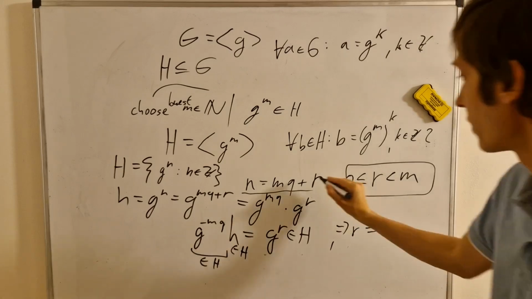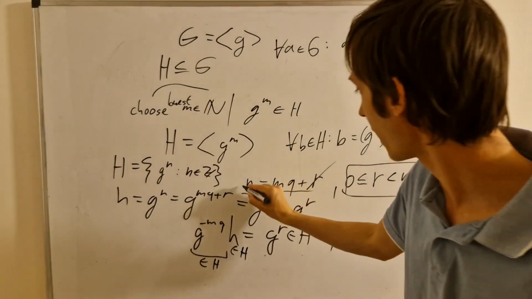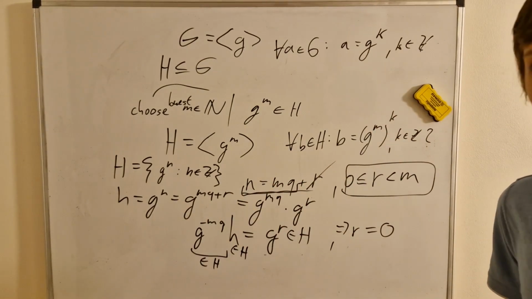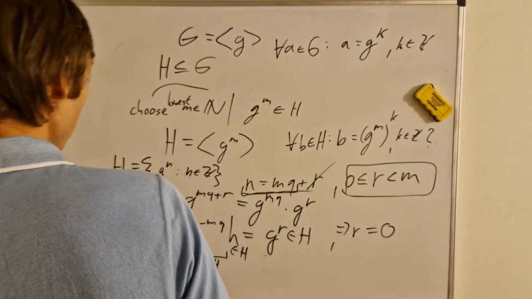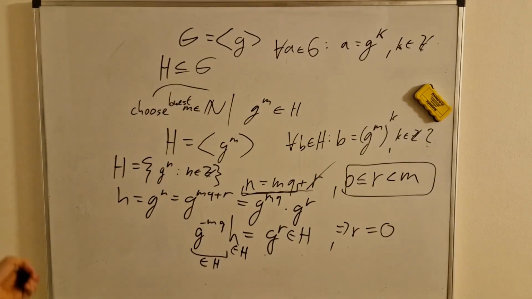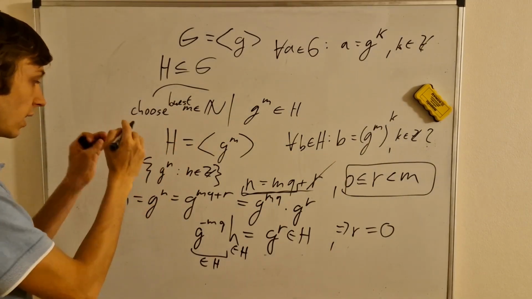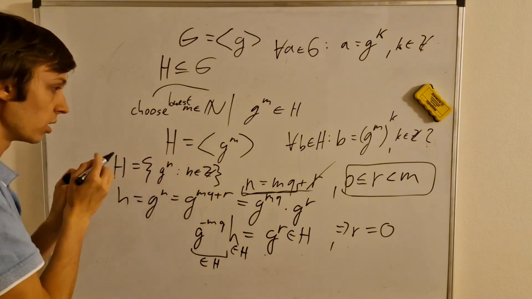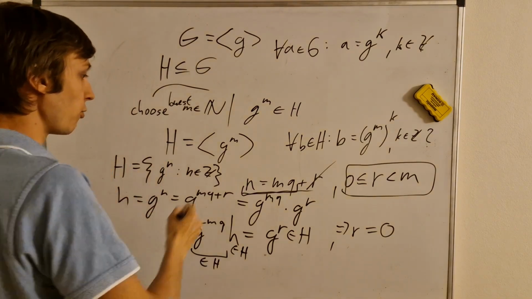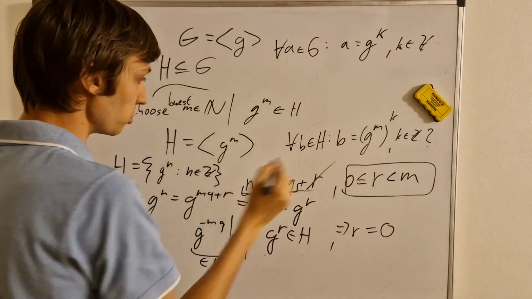So by this we prove that this is cancelled out. By this we prove n equals mq. And we said thereby that if we take any element h and call it g to the n, then n must be a direct integer multiple of m by the factor q.